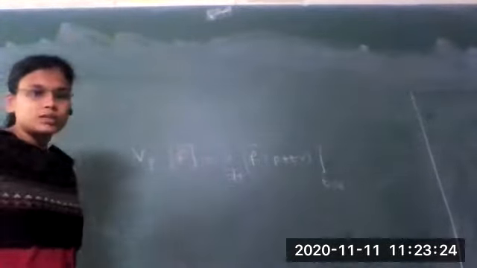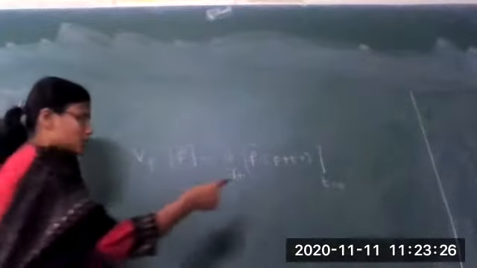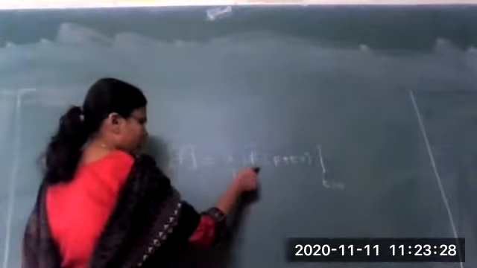This definition is nothing but the initial rate of change of a function f at a point p in the direction of a tangent vector v.